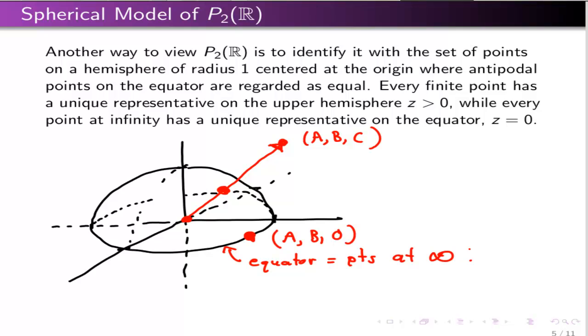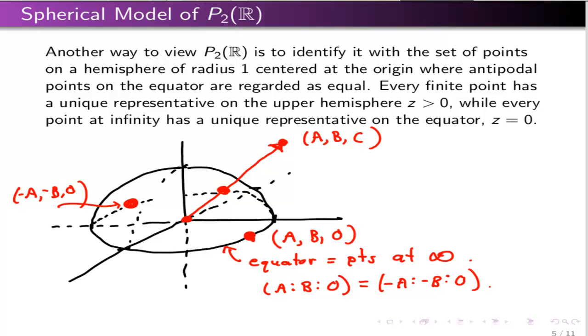And because of the equivalence relation, this point A, B, 0 is equal to the antipodal point over here. So this would also be, well, it's the opposite, minus A, minus B, 0, but the point is that in the projective plane, we're using colon notation, so A colon B colon 0 equals minus A colon minus B colon 0.